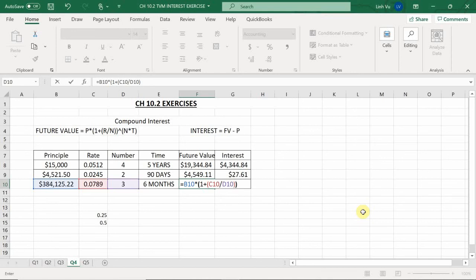Close parentheses twice. You're going to have your caret, open parentheses, 3 times 0.05 because it's half a year, 6 months. So therefore, what is your total future value here?